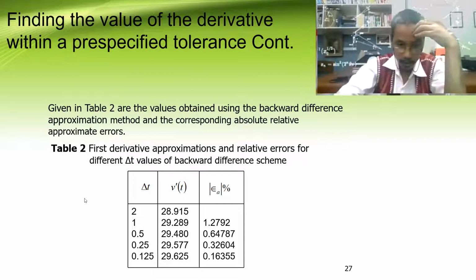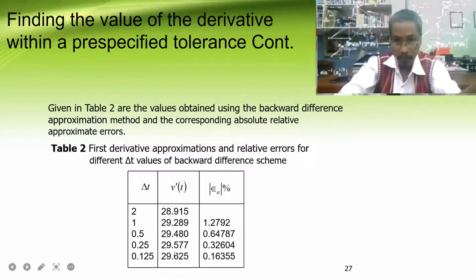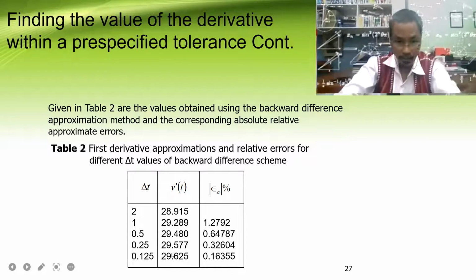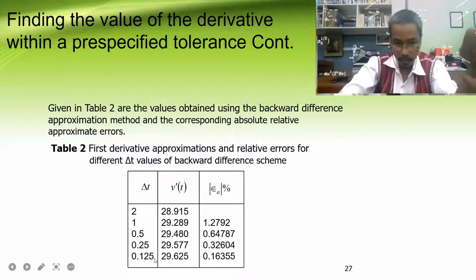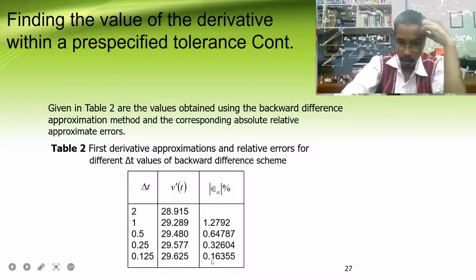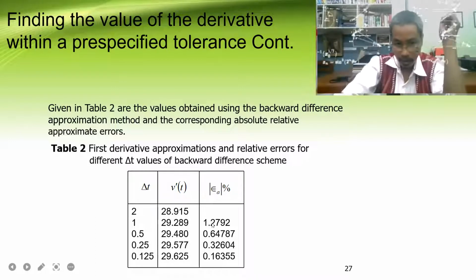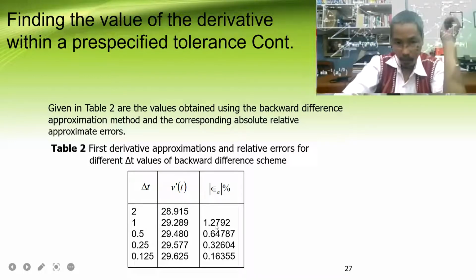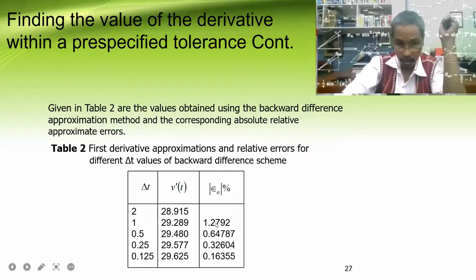And look, using the backward divided difference, very small error. With 1 second step size, we only got 1.3% error.